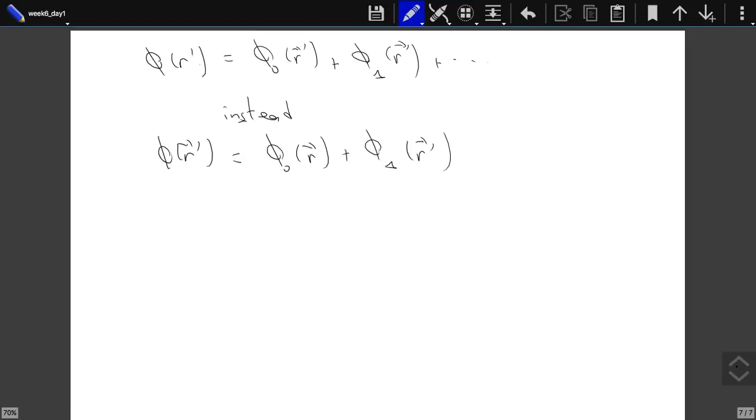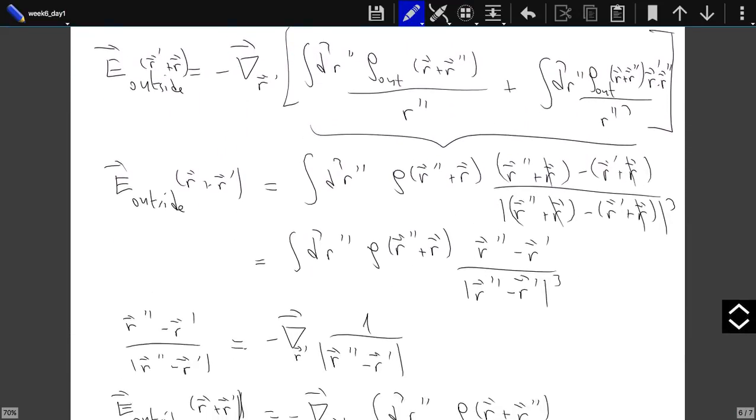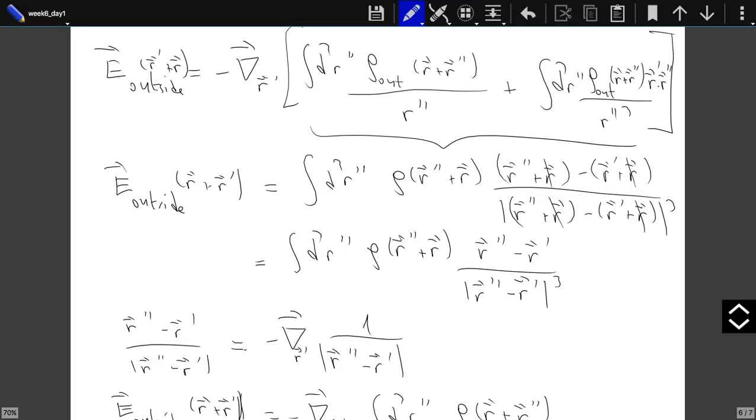Does this result make sense? Or can we kind of make sense out of it? So you see, up to this point, we started with the electric field outside. This expression is true whatever the charge density is. I mean, we don't need to have a continuous medium.